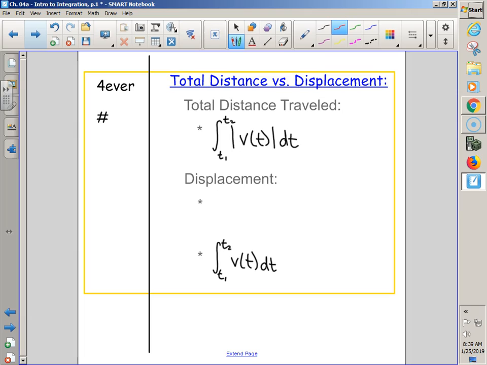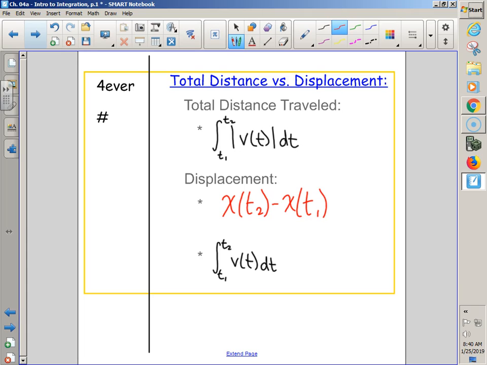Displacement is easy if you have position, because it's just x of t2 minus x of t1. That's a very mathematical way of saying it. Physics people would say x sub f minus x sub i, final minus initial. We could even talk about a time interval a to b and x of a.